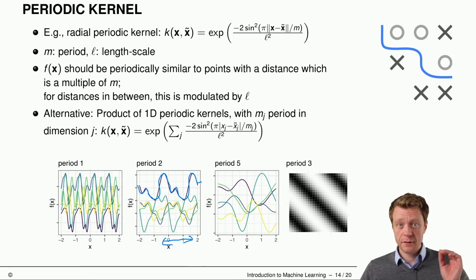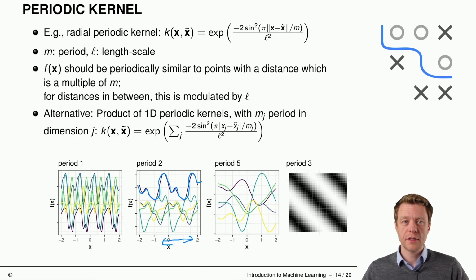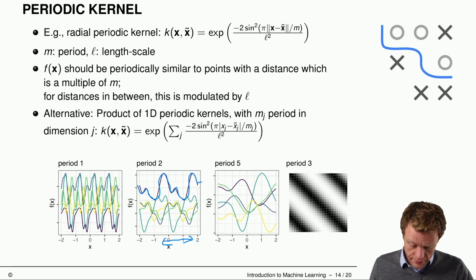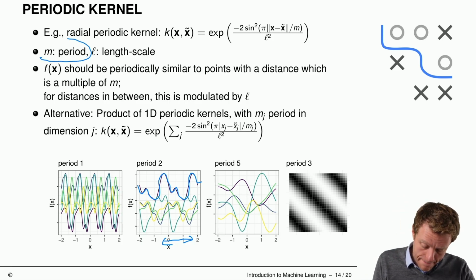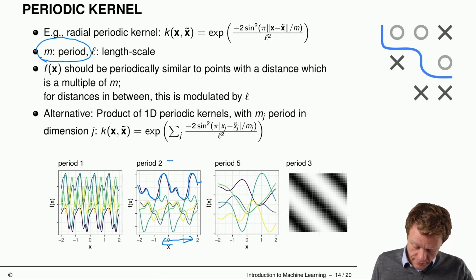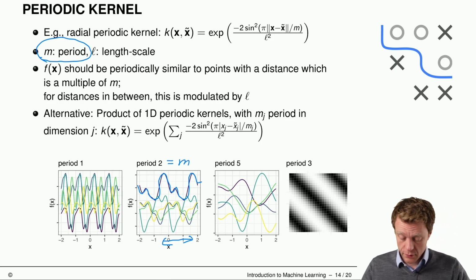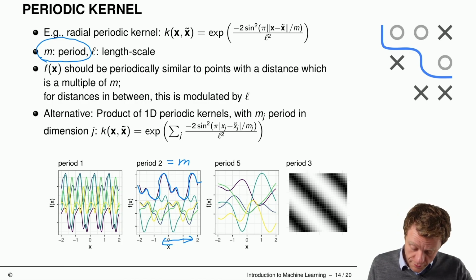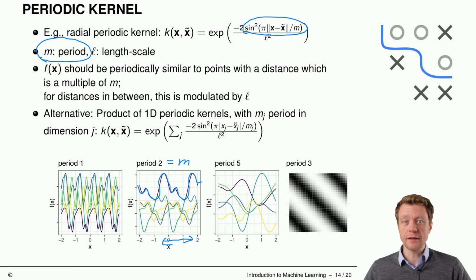So every function drawn from this Gaussian process with that radial periodic kernel is perfectly periodic, and the period is governed by m. So here in that case, m is 2, and you can see the periodicity, I think, with the sine function here. Of course, the sine function per se is periodic, so everything you do with this will be periodic too.